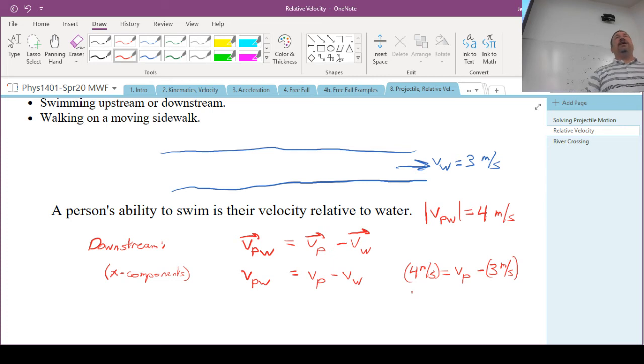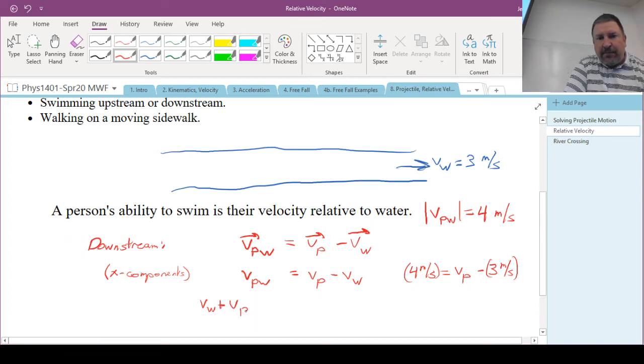Now, usually when you solve this, like here, we know 2 out of the 3 variables. So let's move this over to the other side, which you do by addition. So V water plus V person relative to water is equal to V person. So 3 meters per second plus 4 meters per second is equal to V person.